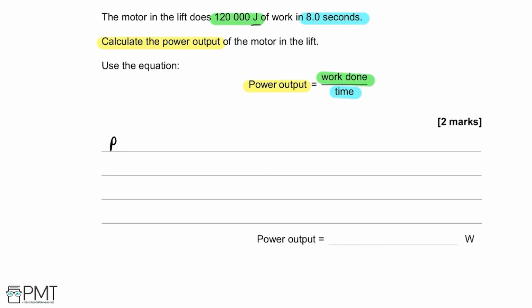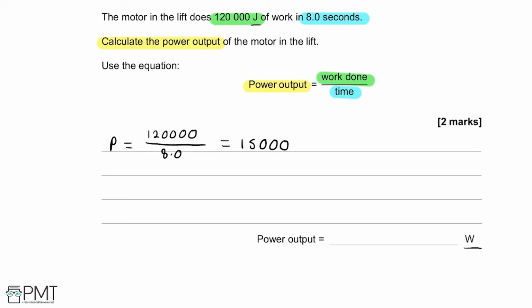So power output equals work done, 120,000 joules, divided by time, 8.0 seconds. And if you put that into your calculator, you'll get an answer of 15,000.